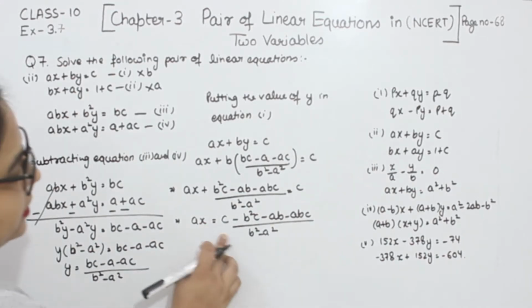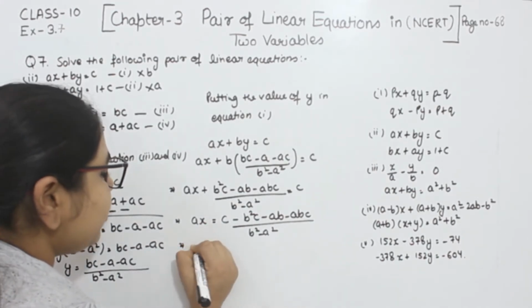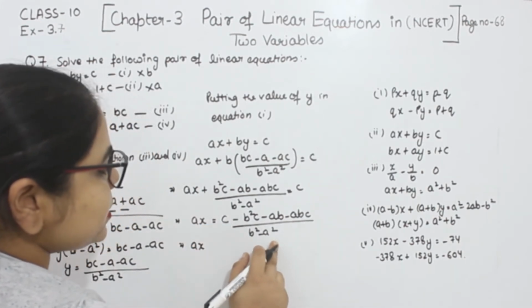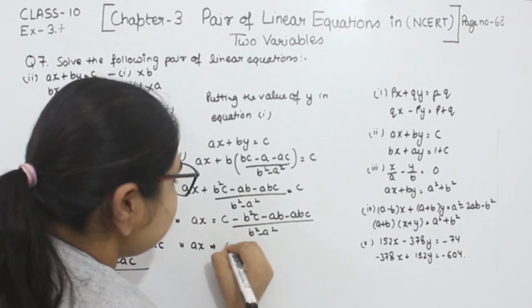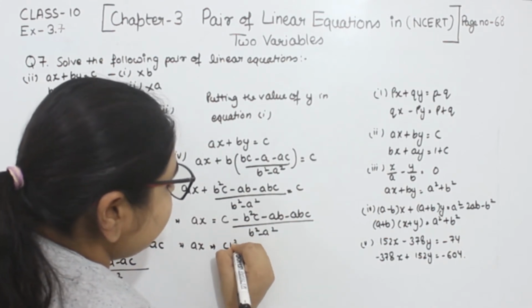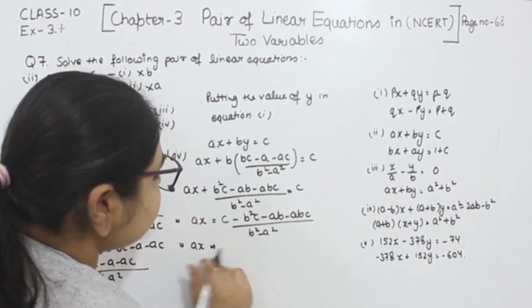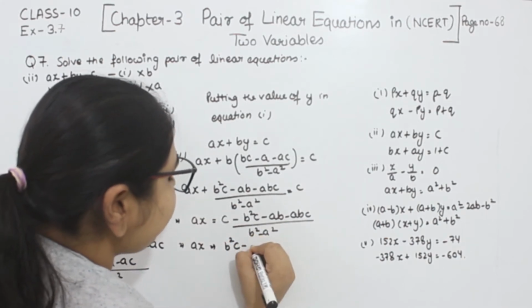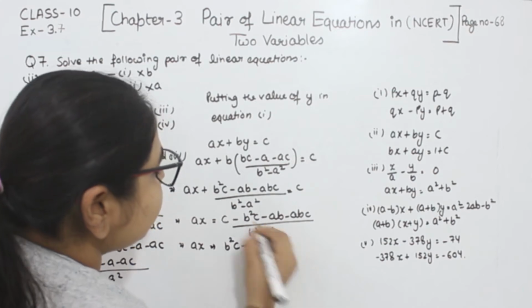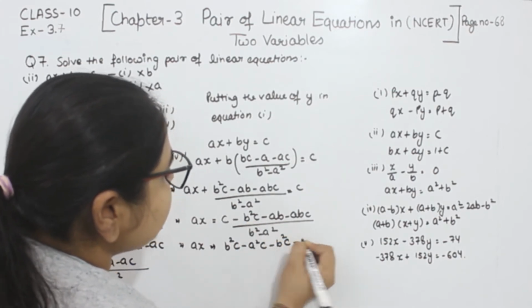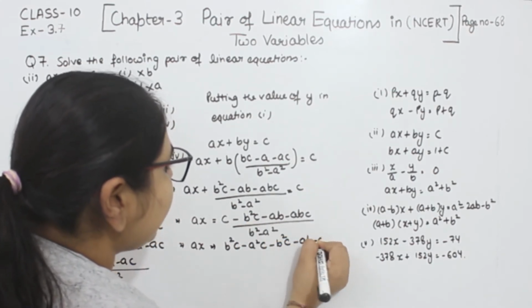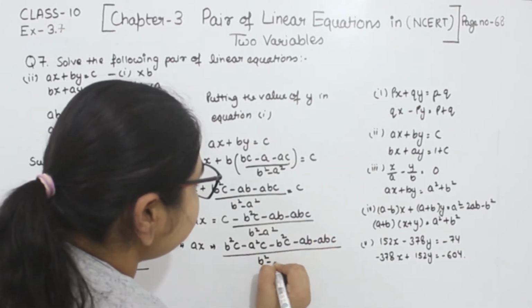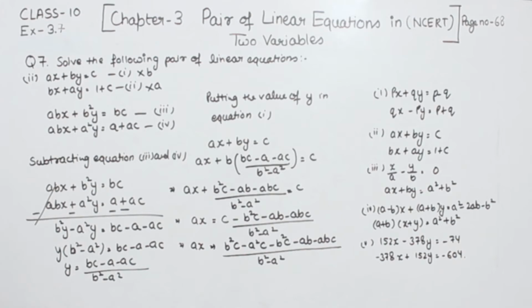For the plus minus, the denominator should be the same. For that we are going to multiply c by b square minus a square. So this is c b square, or I can write this as b square c, minus a square c, minus b square c minus ab minus abc, and this is divided by b square minus a square.